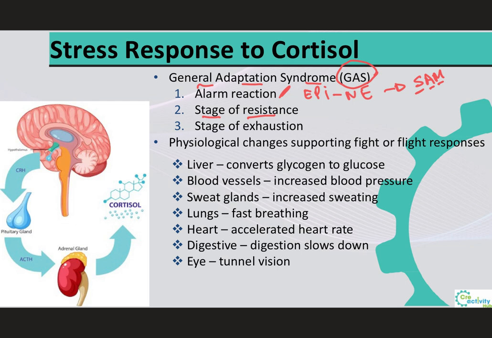During the stage of exhaustion, individuals may begin to suffer depression, suppression of their immune response, severe fatigue, or even a fatal heart attack. These symptoms are mediated by the hormones of the adrenal cortex, especially cortisol, which is released as a result of signals from the HPA axis, the hypothalamus pituitary adrenal axis.